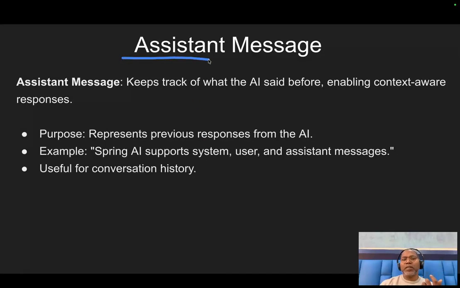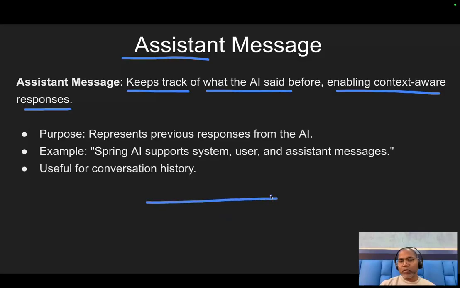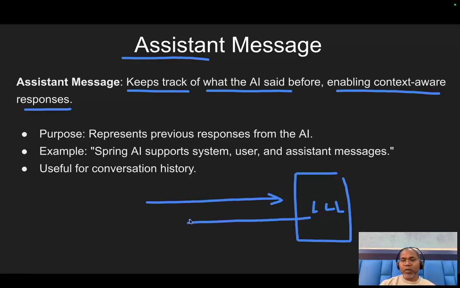Assistant messages keep track of what the AI said before, enabling context-aware responses. Whenever you ask a question to the GenAI model, the LLM receives the question and generates a response as an assistant.